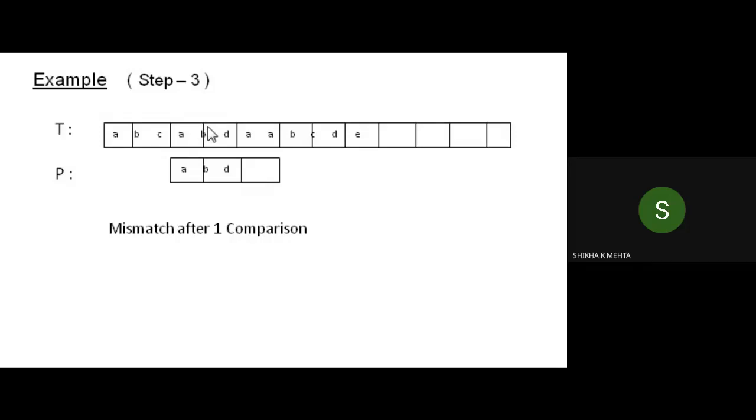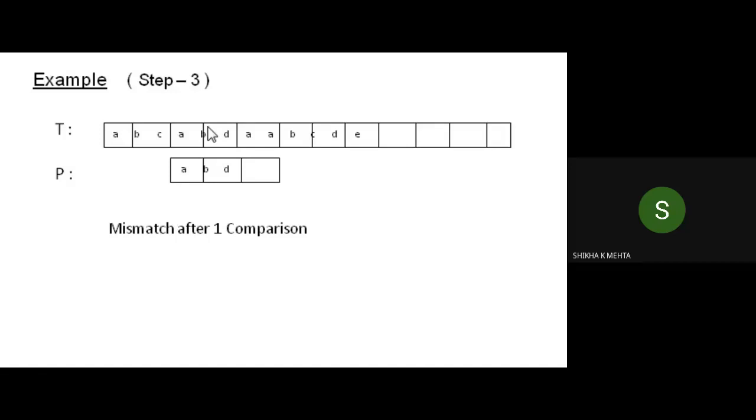So we again shift to the next position. Every time, we are starting the search of the complete pattern from the initial position only, and we shift whenever there is a mismatch with any of the characters, even if the mismatch is found at the first position for the first character A, so we shift the array index of the text to the next position.